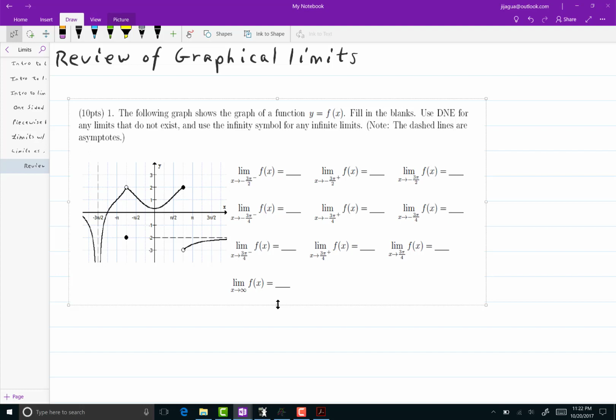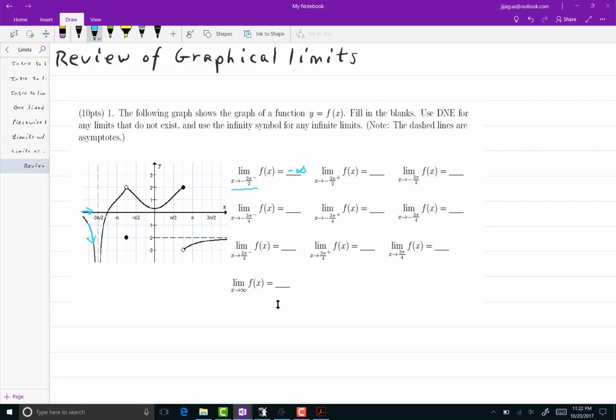All right, as you see, we have 10 blanks to fill in the various limits, left and right, and limits. So let's start with the first one. X goes to negative 3 pi over 2 from the left. If you look to the left of that vertical asymptote, you can see the graph is shooting down to negative infinity.